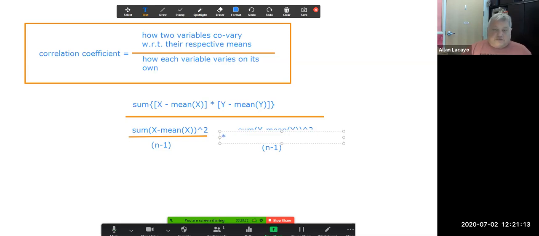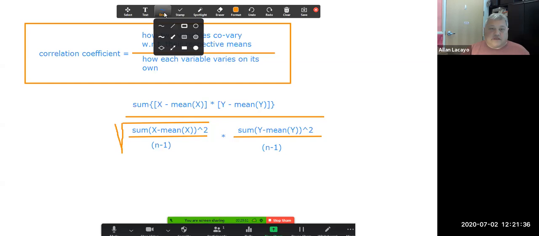And in this case, we want to multiply the variations of one and the variations of the other. So we're taking the square root of the variations in x, as well as the square root of the variations in y.